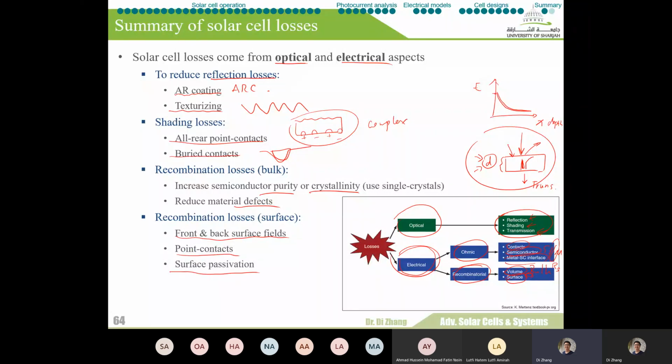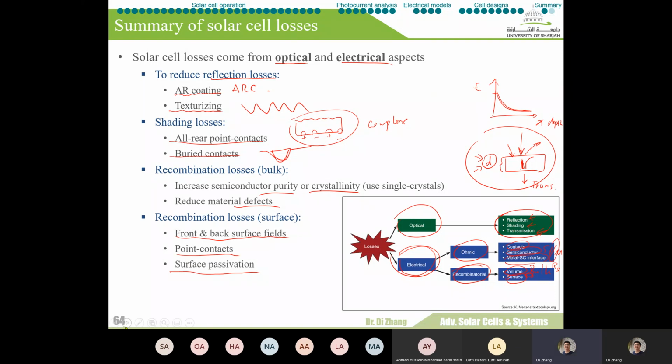And if we combine that with surface passivation, then we can have much better performance from the surface recombination. So this is a quick summary of the different losses that we covered in this chapter, and how we can increase the performance of our solar cells.